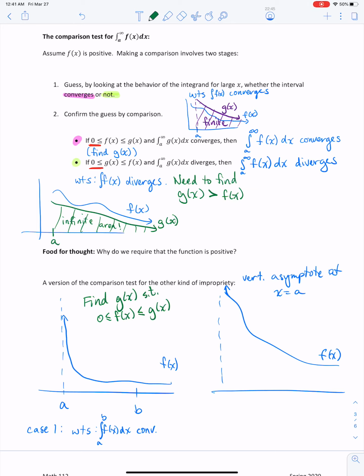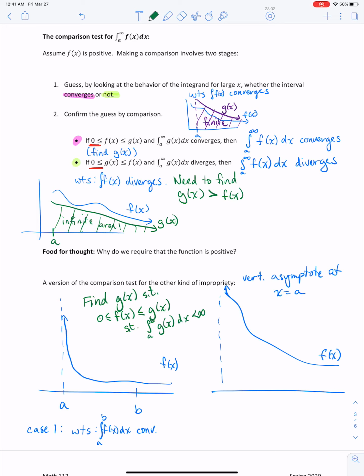So in this case, we need to find a g of x that's above f of x where there's finite area. So the corresponding integral from a to b of g of x dx converges.